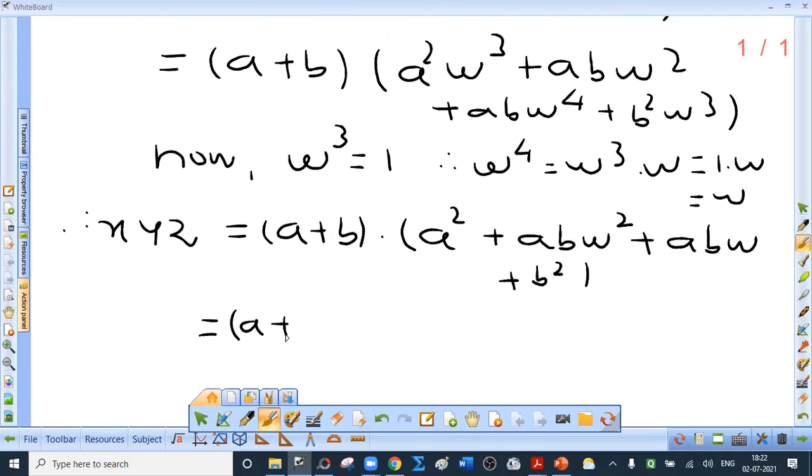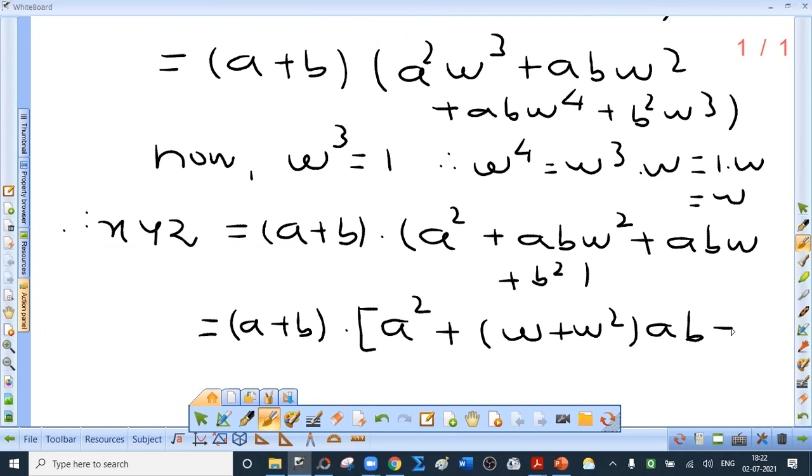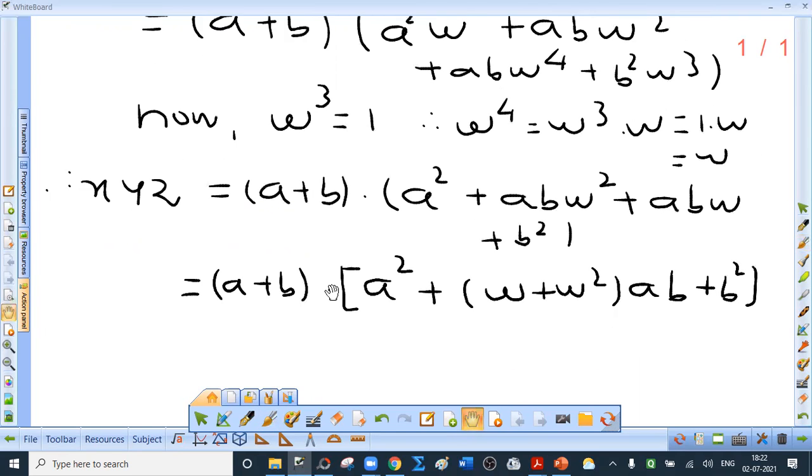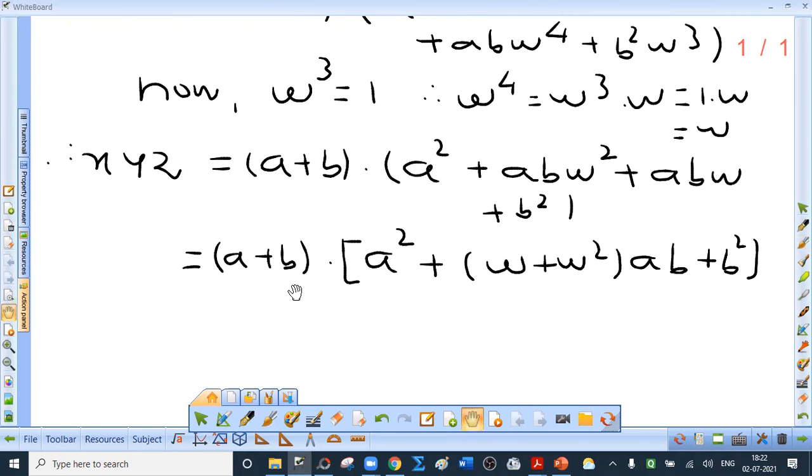So this is a plus b, that is a square. Now take ab common to get in bracket omega plus omega square, bracket complete, ab plus b square. Now what is 1 plus omega square? 0. And therefore this is nothing but, initially I will write directly and then I'll explain why, minus 1.